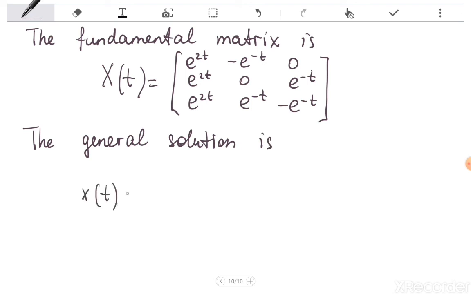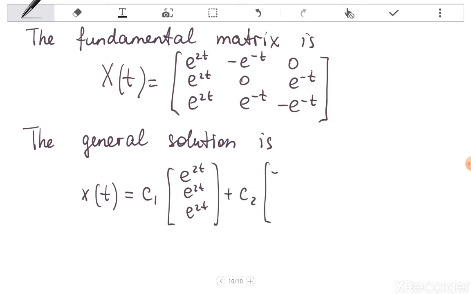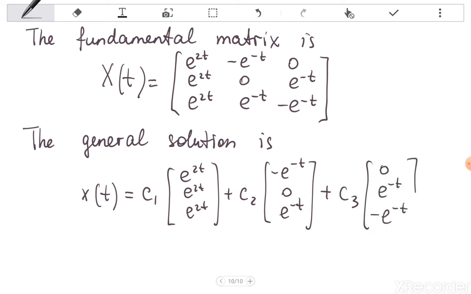And the general solution is small x of t. This is C1 times the first vector e to the 2t, e to the 2t, e to the 2t, plus C2 times the second vector minus e to the minus t, 0, e to the minus t, and plus C3 times the third vector 0, e to the minus t, minus e to the minus t.